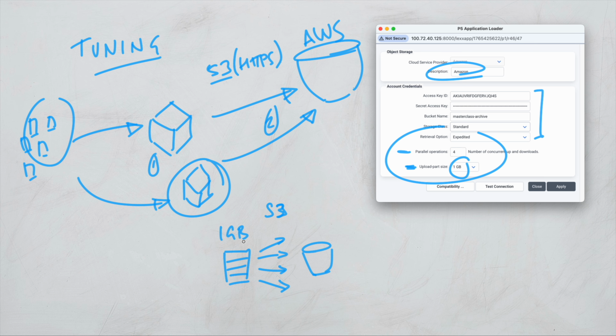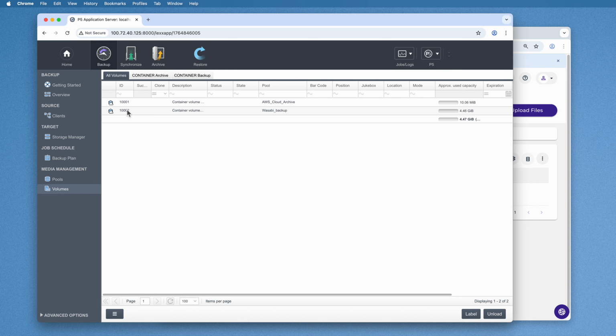If you have lots of smaller files, or you feel that it's necessary for the multi-part to happen with smaller files, then you can use this menu to change that value. So these two settings in the cloud service are the main way that you tune P5 to optimally upload using your internet connection. Okay, so that just about wraps up our video on cloud storage configuration in this masterclass series.